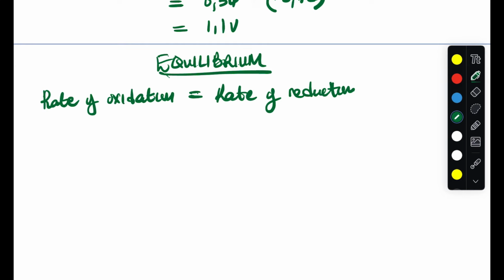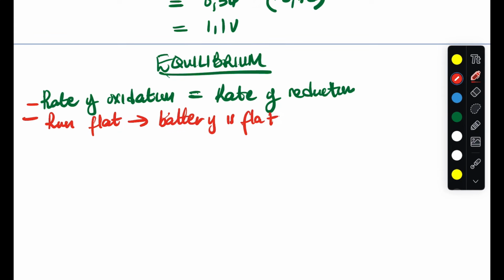So when the galvanic cell is at equilibrium, it means that the cell has run flat. What do we mean by the cell has run flat? That means the battery is flat. That means the voltage, or the EMF, or the E cell, has decreased to 0, right?